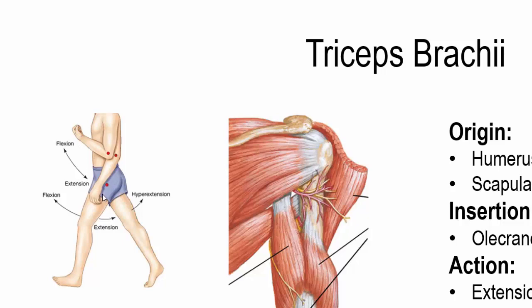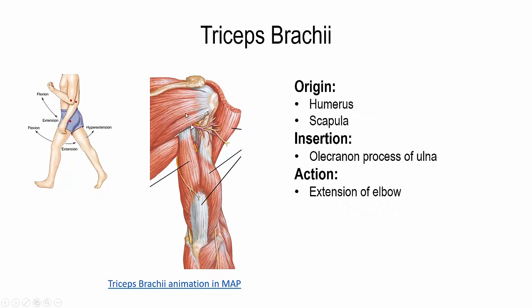Now when we do this, which attachment point is going to be moving? Is the scapula moving? Is the humerus moving? No, they're not. The humerus is stationary. The scapula is stationary, holding the humerus up against the wall of the thorax. When we move our arm down, the bone that's moving is our forearm, and that is where the insertion is at the elbow.